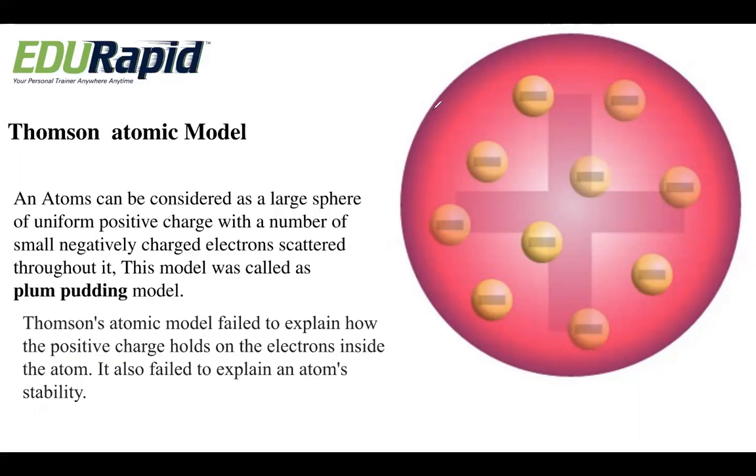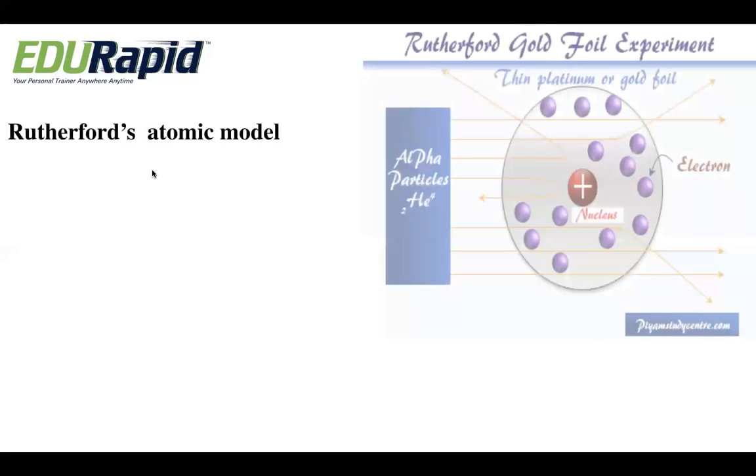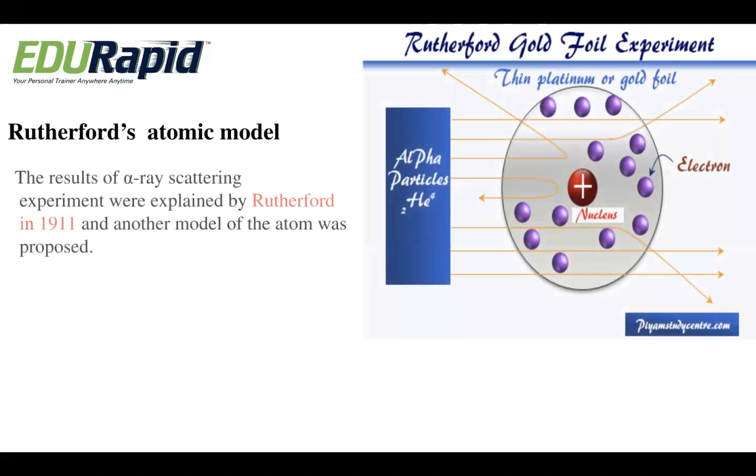After Thomson's atomic model, the next great scientist came with his atomic model, that is Rutherford's atomic model. Rutherford carried out the alpha scattering experiment. He carried out an experiment to study the structure of an atom.